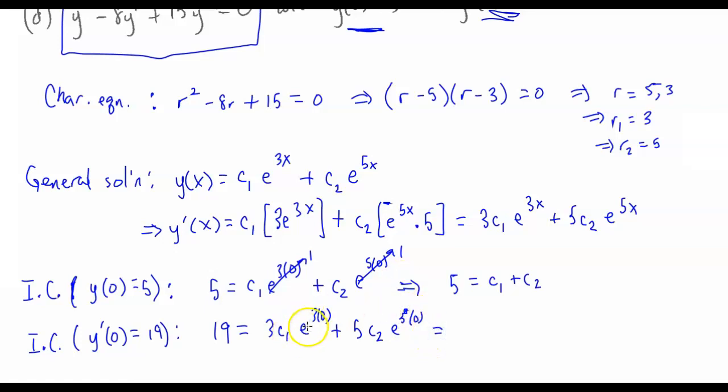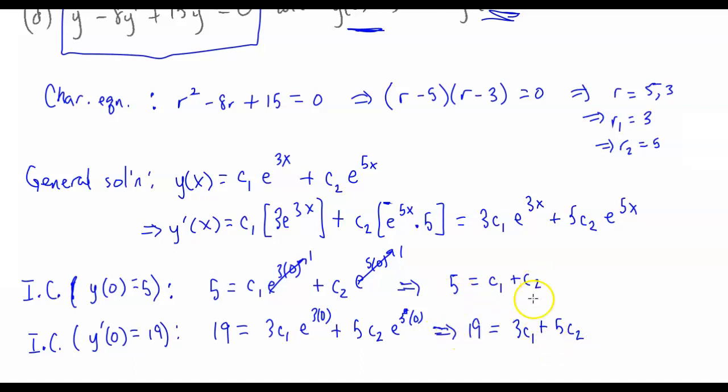And of course, the e raised to the whatever times 0 is just going to be 1. So this is 19 is equal to 3c1 plus 5c2.